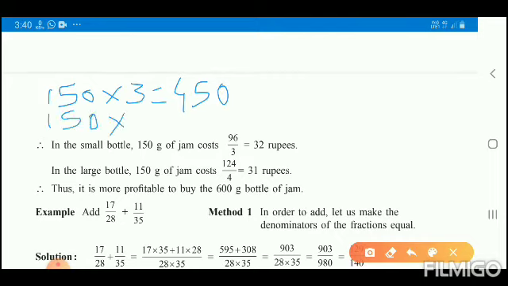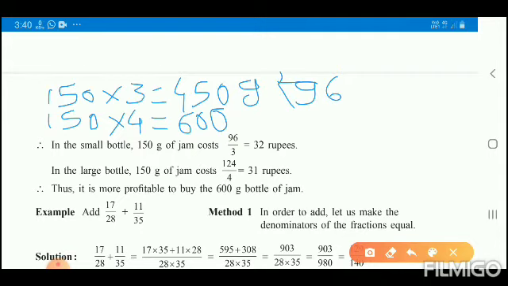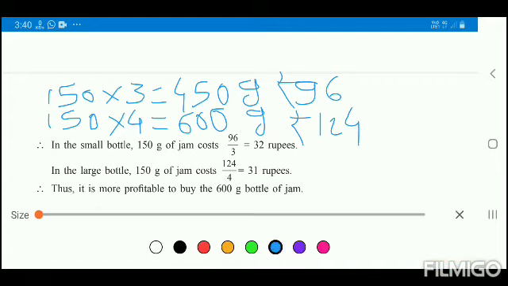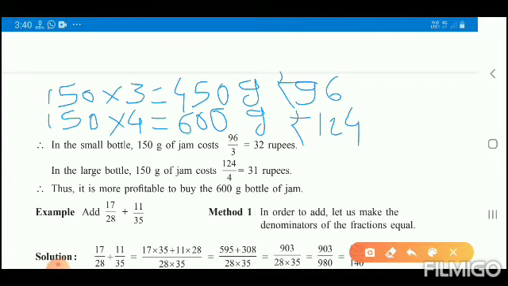150 multiplied by 4 means 600. So the cost of 450 gram jam is 96 rupees. And the cost of 600 gram jam is 124 rupees. So we divide 96 by 3 and 124 by 4.